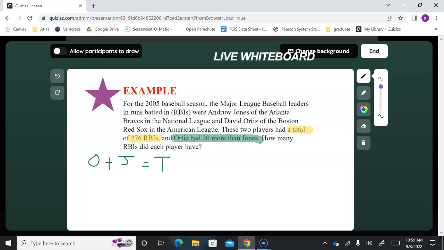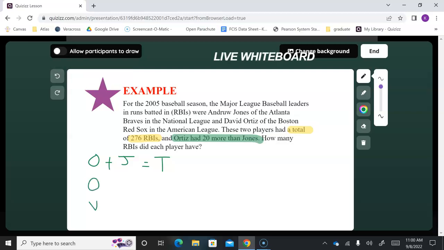Alright? Now, just like we did on the last problem where I had length equals a thing and width equals a thing, we can do the same thing. When I wrote that length was 5 more than width, I took length and defined it in terms of width. I said this is my length relative to the width because I have more information about the width, so I'm going to compare it to the width. I can do the same thing here with Ortiz and Jones.